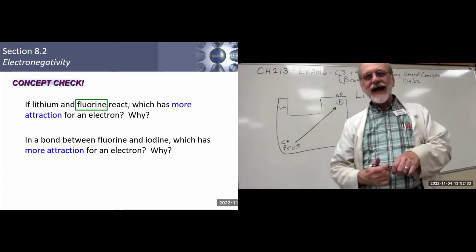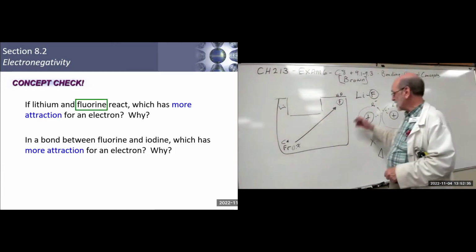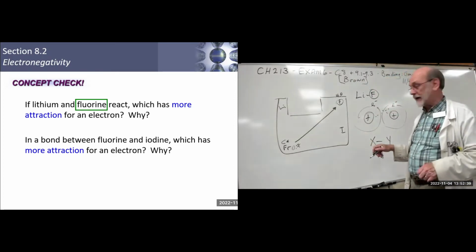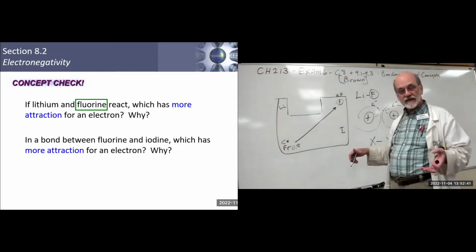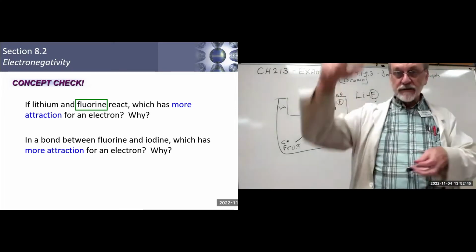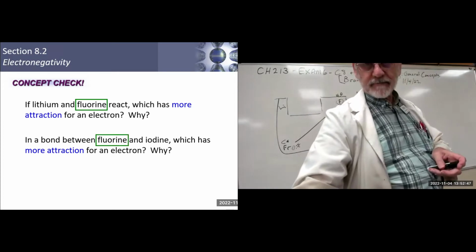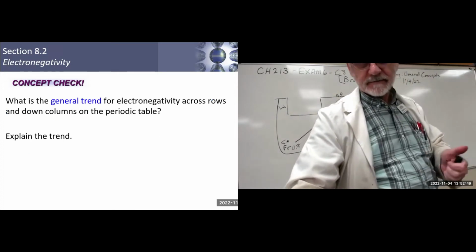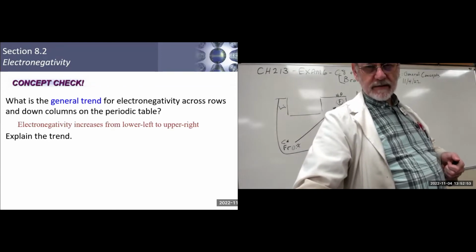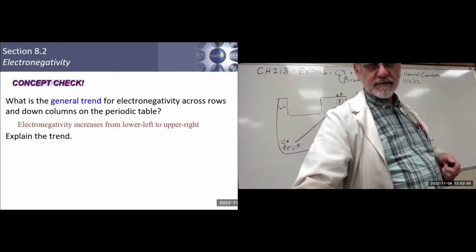How about fluorine and iodine? Well, in that case, iodine's down here, and they do form a compound. Which one's a stronger attractant? Fluorine again, because it's above iodine. Okay, so there's your general trend, lower left to upper right.